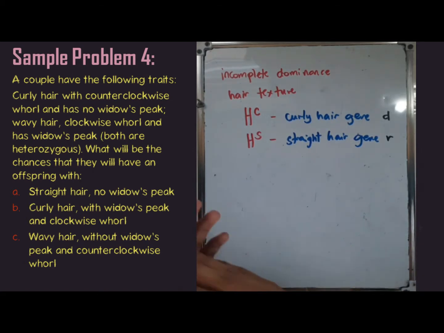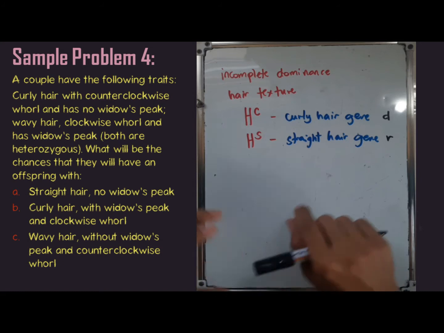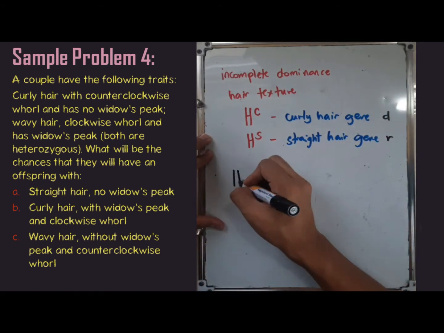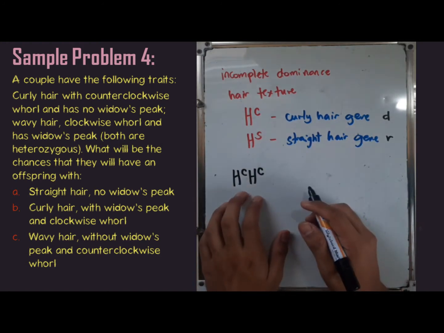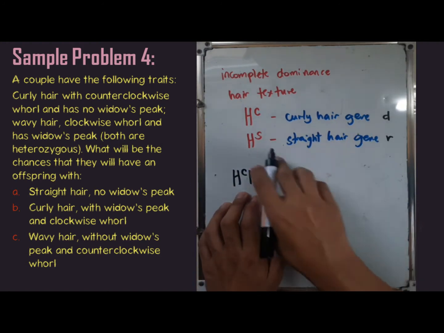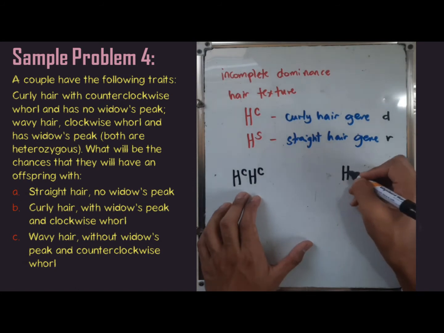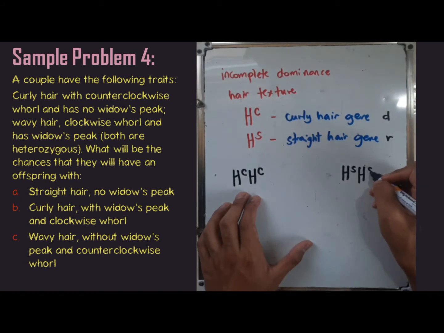Whenever there are different types of hair texture on different individuals, always remember that to manifest curly hair, it should be homozygous dominant for the curly hair gene, while the straight hair gene should be manifested as homozygous recessive.